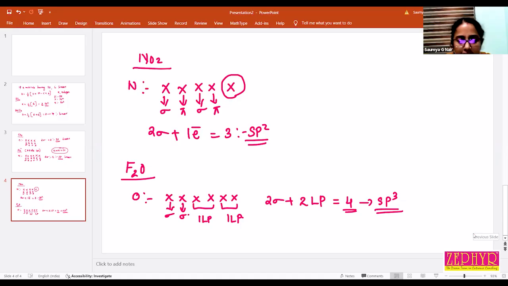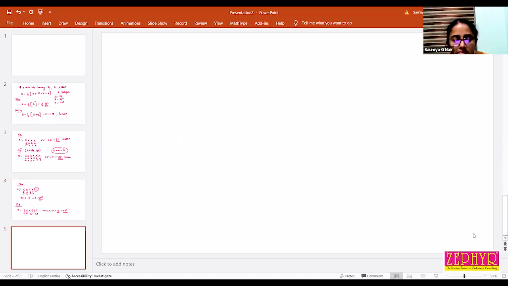Then next, XeF2. Xenon is the central atom. How many electrons in the outer shell of xenon? 8.